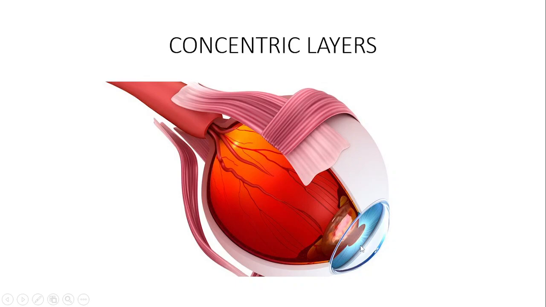Okay, so before we even continue, let me tell you about the measurements of the eyeball. So, at birth, the length of the eyeball is 16 millimeters. By age 3 years, the eyeball will have achieved a length of 23 millimeters.